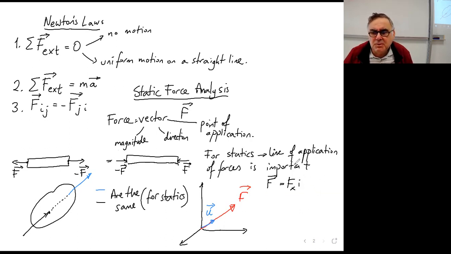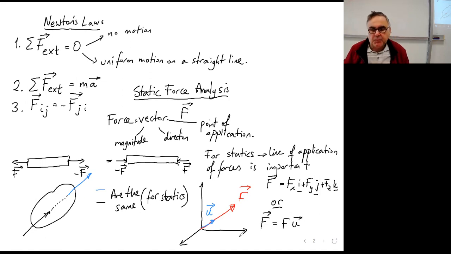Let me use the unit vectors like underlining them, plus Fy j. Unit vector, and the unit vector's magnitude, as you know, is 1.